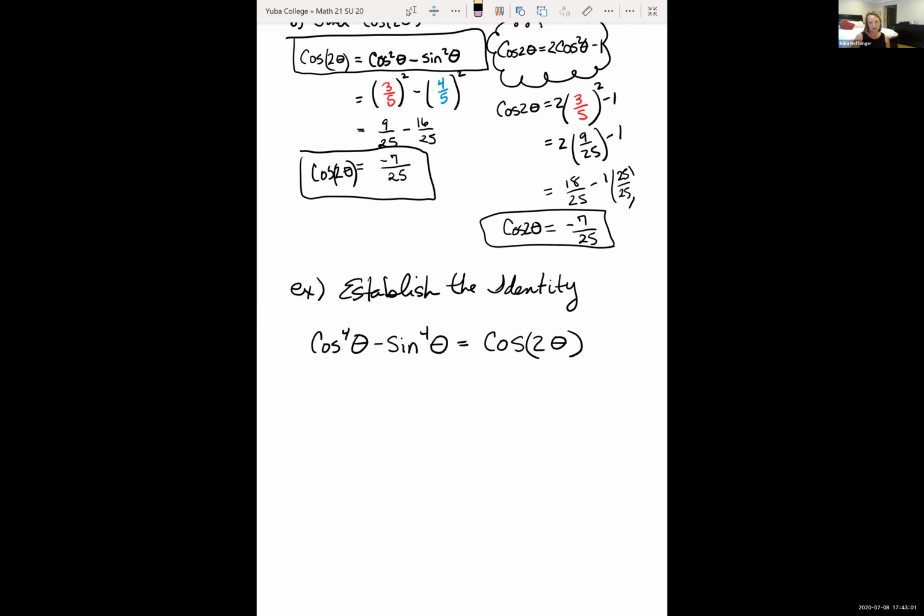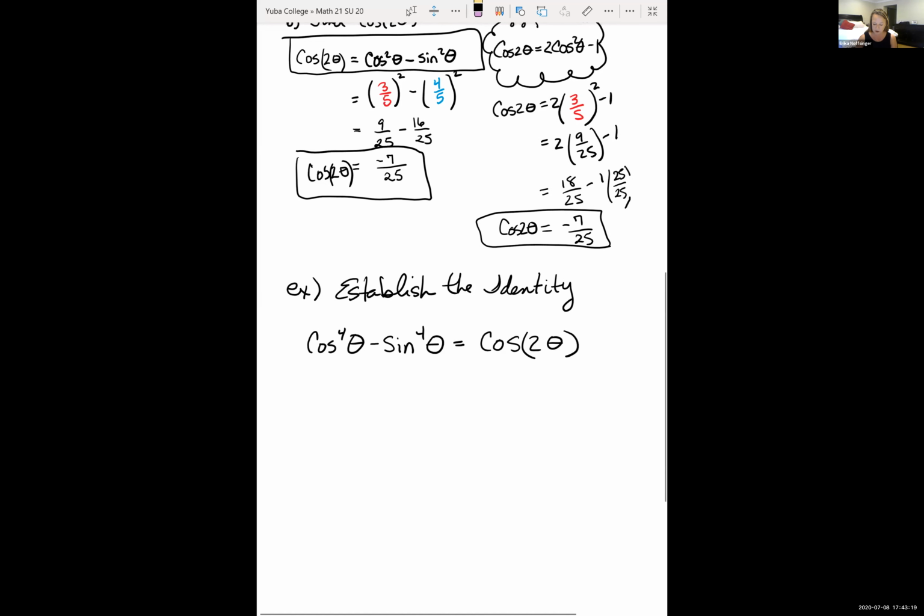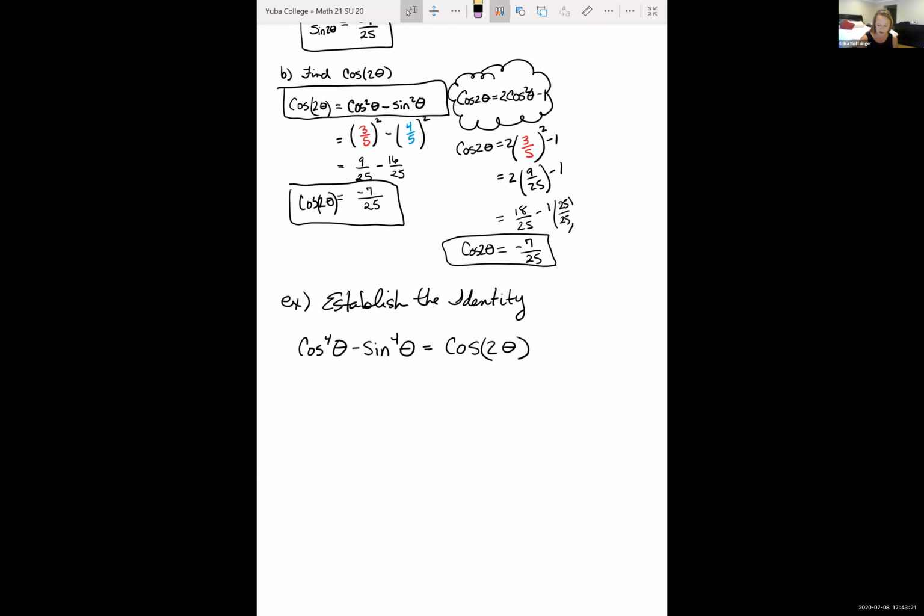So if I was going to prove this, I could work on either side. I would probably work with my left-hand side, but I noticed that I have cosine 2 theta here. And so we need to start manipulating things and being able to recognize all three of our forms of cosine 2 theta is going to be helpful. And so maybe just writing them on the side.